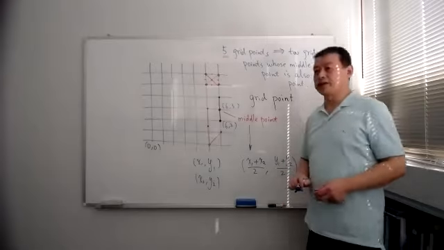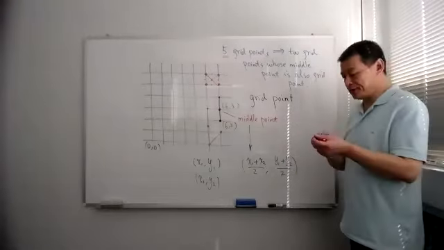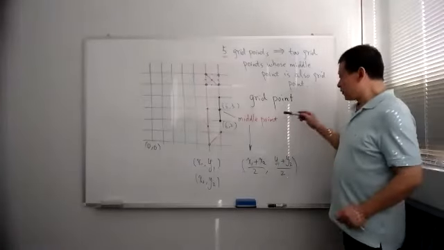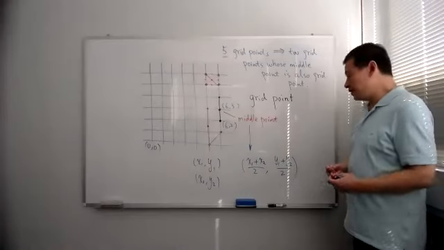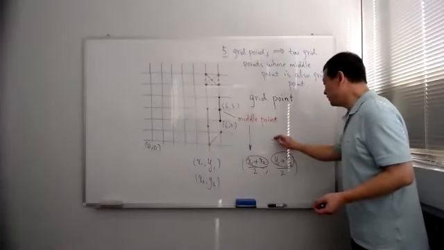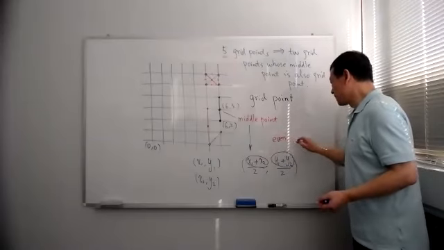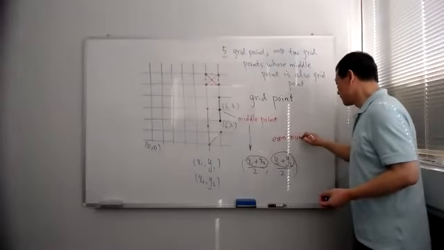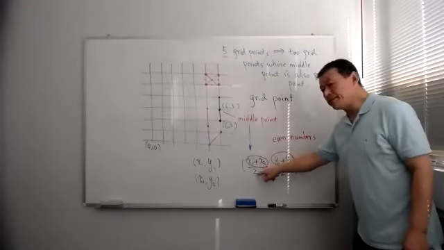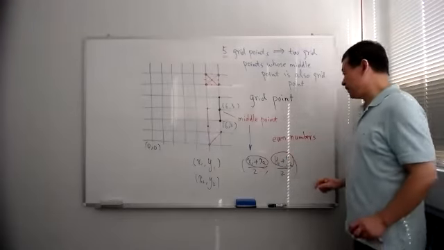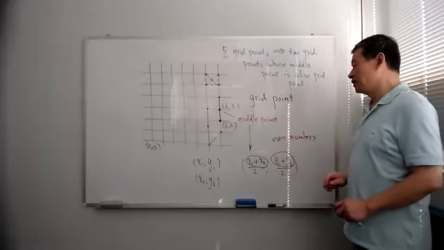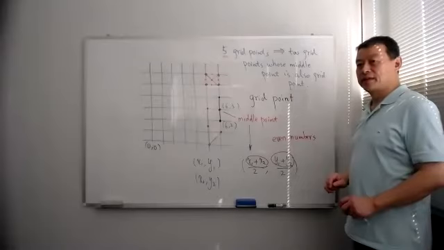That gives us the coordinate of their middle point. Now, in order for this to be a grid point, both of these must be integers, so the sums x1 plus x2 and y1 plus y2 must both be even numbers, because they are divided by 2. Then their middle point is also a grid point.